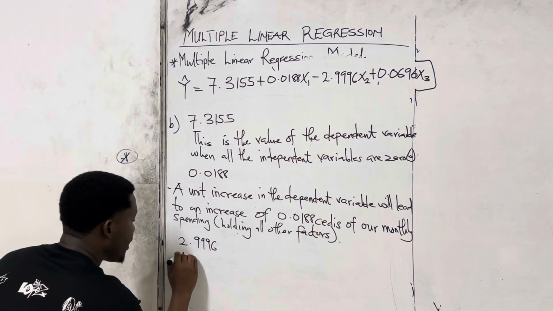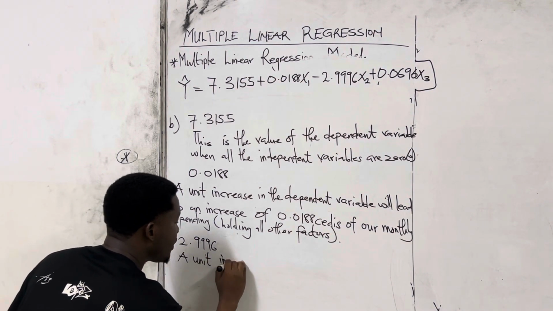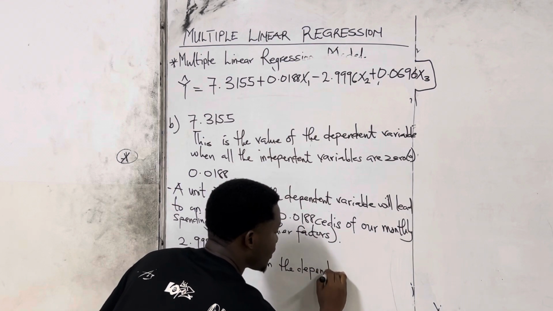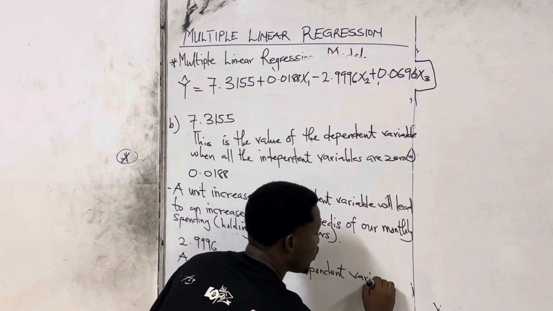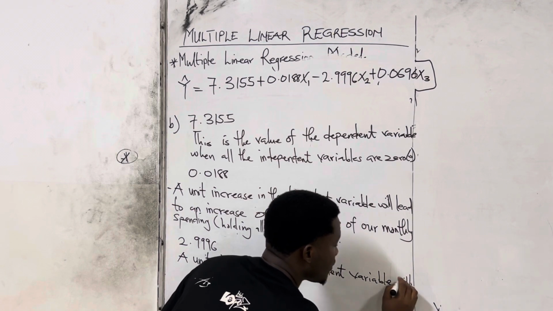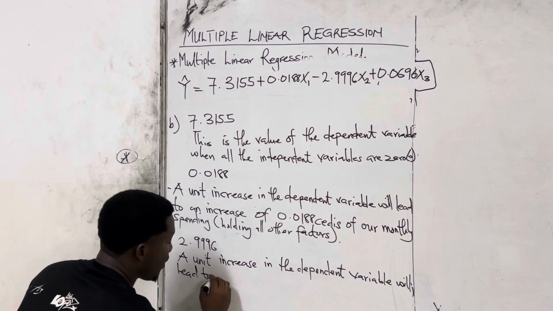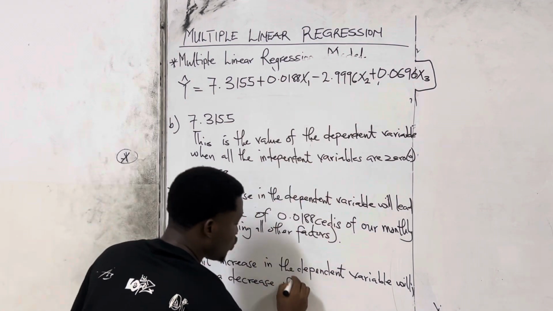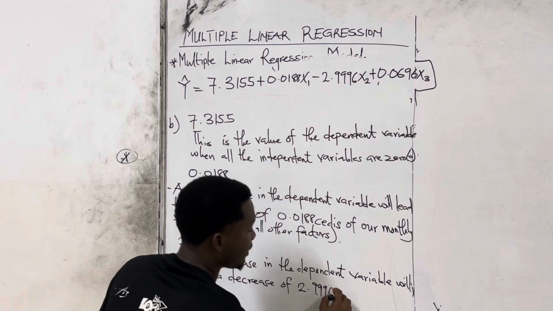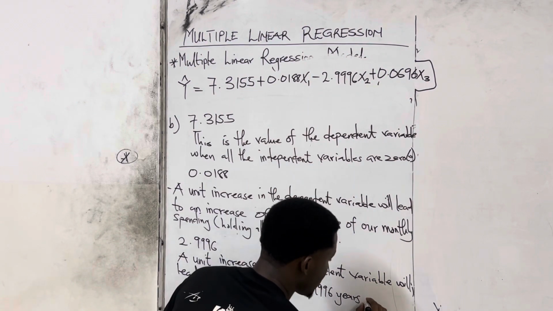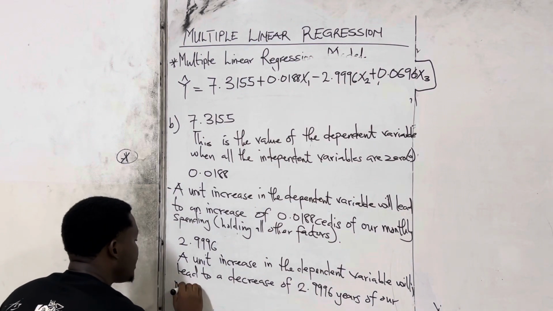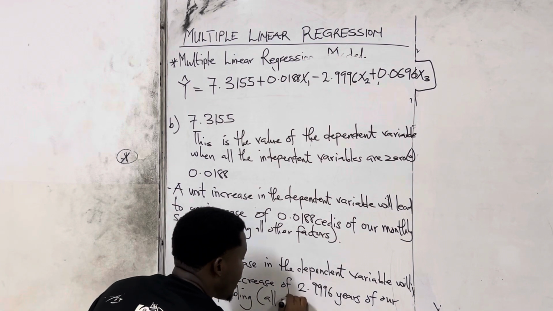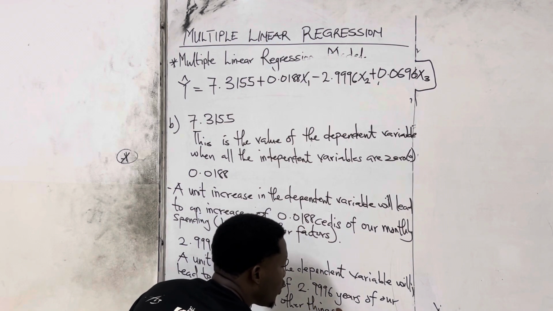So we have a unit increase in the dependent variable will lead to a decrease of 2.9996 years in our monthly spending, all other things on hold.